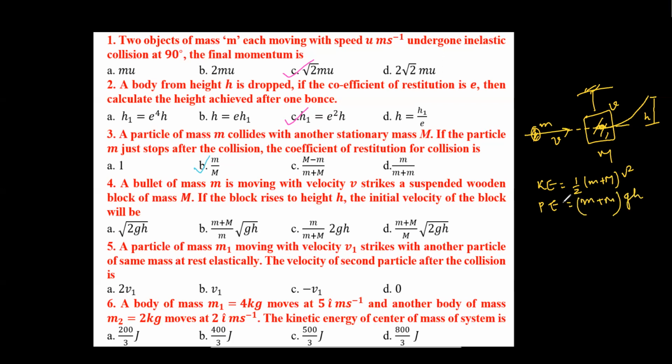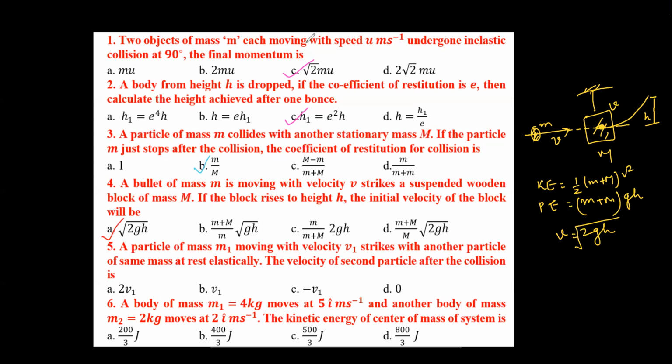Because of this kinetic energy it travels to a certain height h, that is, kinetic energy has transferred into potential energy. That's why you can equate them. If we equalize these two, then our velocity is going to be root of 2gh. This is how we can easily calculate the magnitude of this velocity, and the answer is this one.